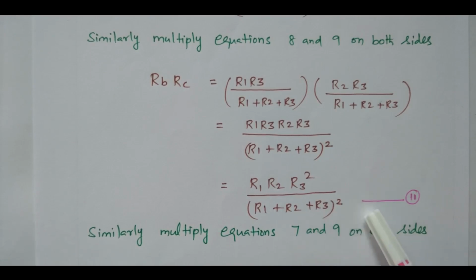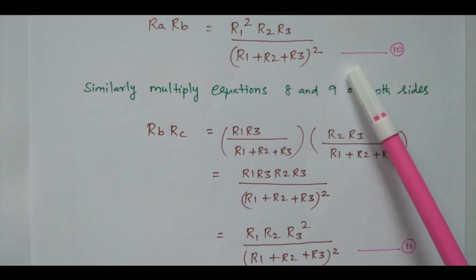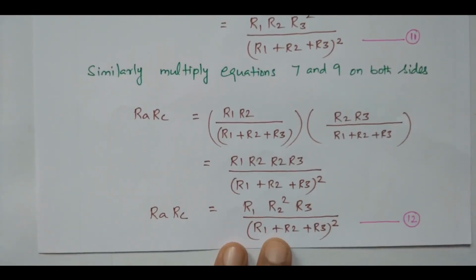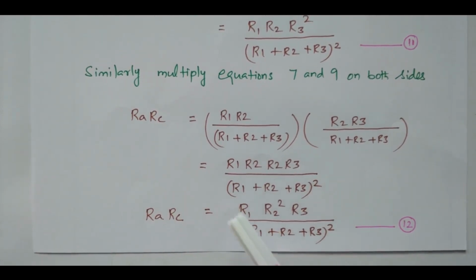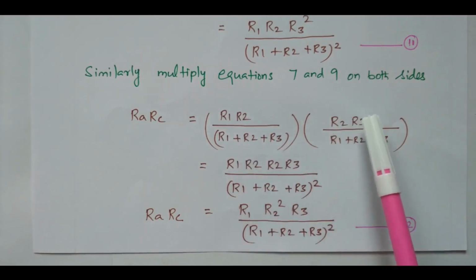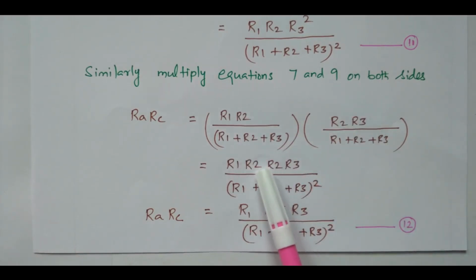So take this equation as 11. Previous one, equation number 10. Now multiply the equations 7 and 9, RA and RC. So the denominator same, R1 plus R2 plus R3 the whole square. Here available R1, R2, R2, R3. So R2 available 2 times.